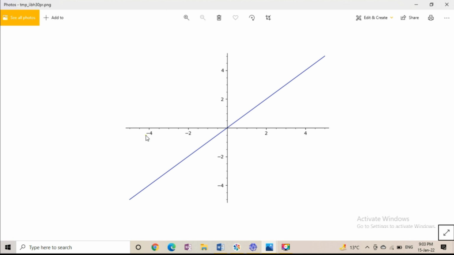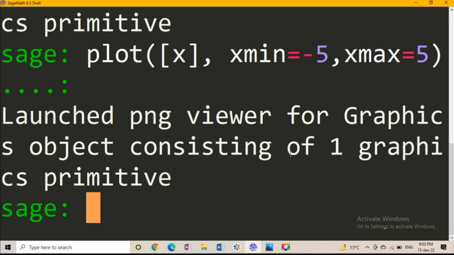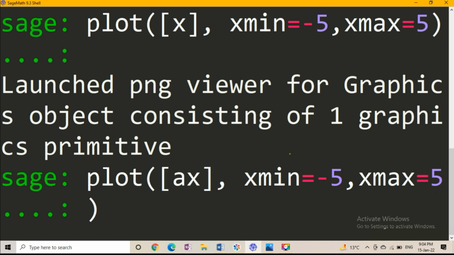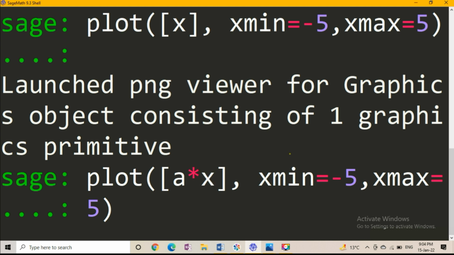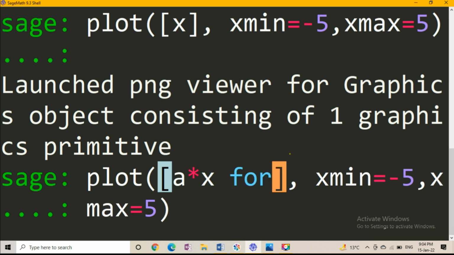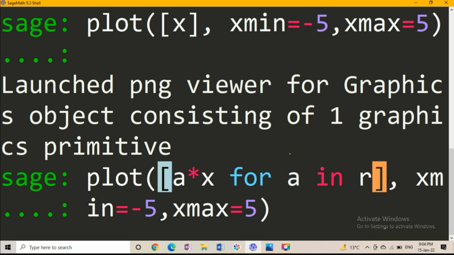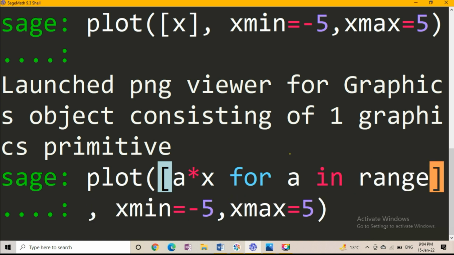Okay. Now we are trying to draw the graph of ax. So we write plot in a square bracket a star x for a in range.